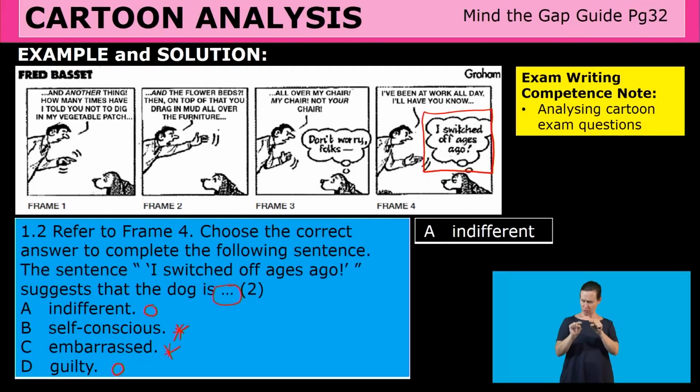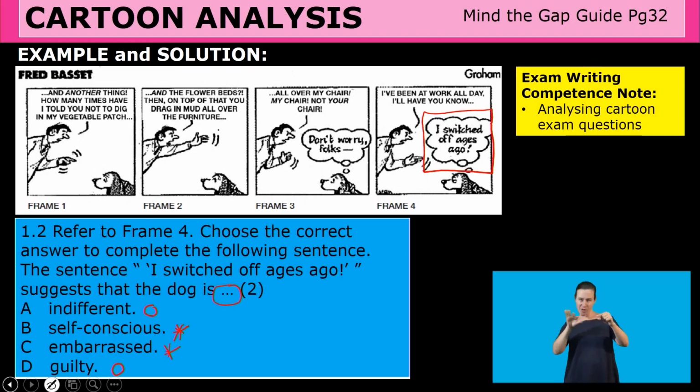I want you to take note, remember that when we have animals represented in cartoons, they will have thought bubbles and not necessarily speech bubbles, okay? Remember, whenever you have a question with an ellipsis, it means that you have to complete that sentence, all right? So because the sentence is incomplete, it needs to come from the answer that is given, all right?